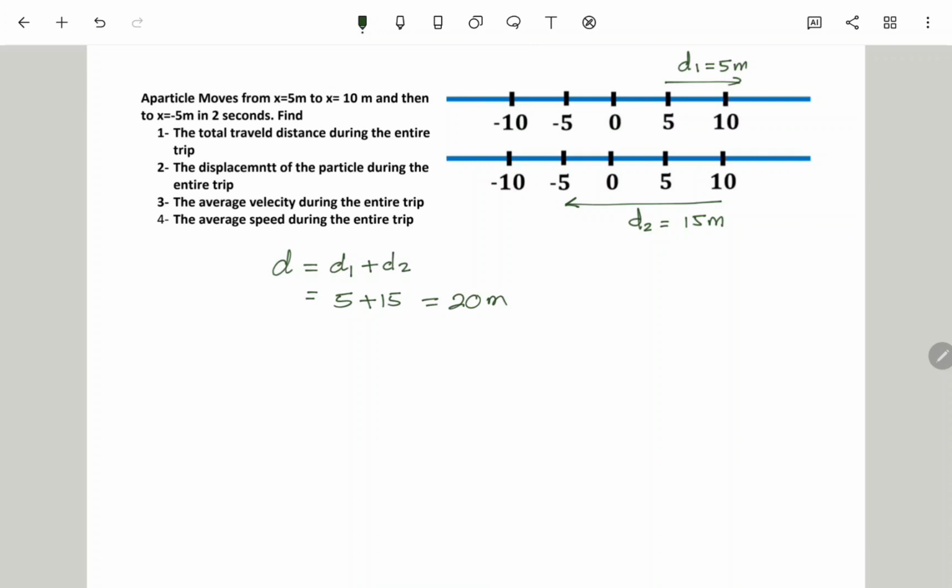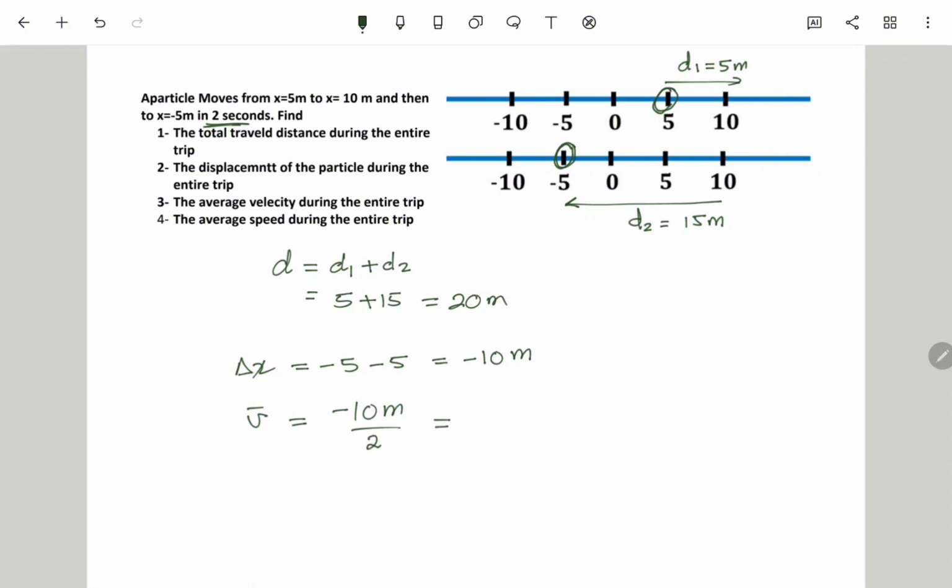Now, how much is the displacement? When it comes to displacement, as I mentioned before, we care about the initial and final position. This is the final position, which is minus 5, and this is the initial position, which is 5. So delta x, the displacement, is equal to minus 5 minus 5, which equals minus 10 meters. Now the average velocity during the entire trip is equal to delta x, which is minus 10 in this case, over delta t, 2 seconds.